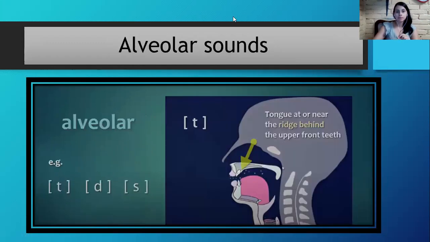And the alveolar sounds are produced with the tongue at or near the ridge just behind the upper front teeth, for example t, d, and the other sound is s.